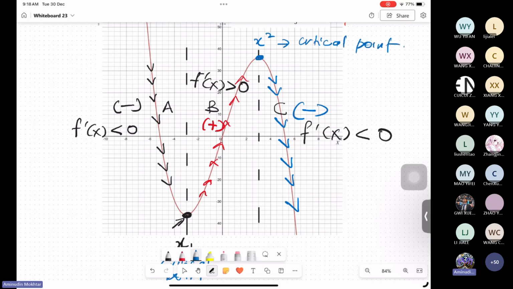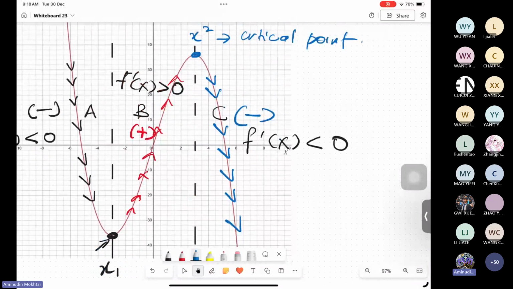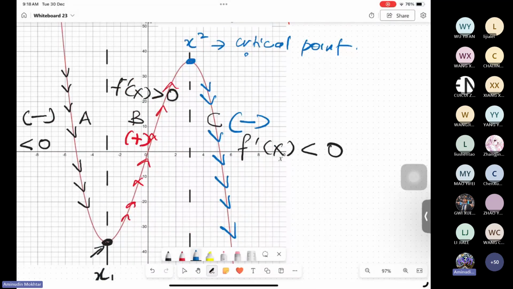The turning point, in other words the critical point, is one point here, where this point is a borderline. It separates the positive and negative area. It's a border between the positive slope and negative slope. Again, at this critical point, you must remember this: the slope of the function equals 0.